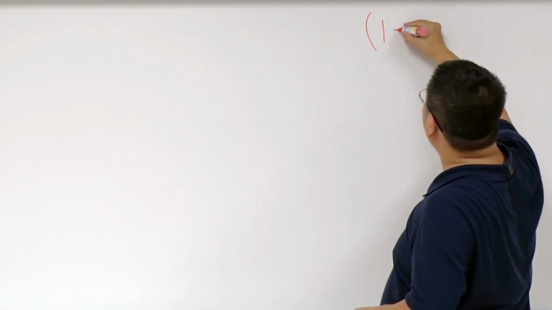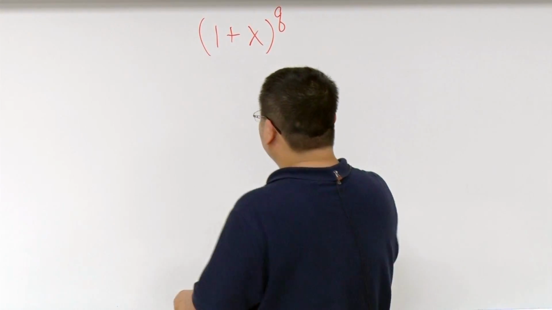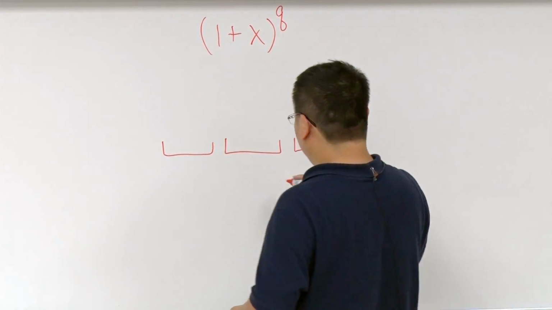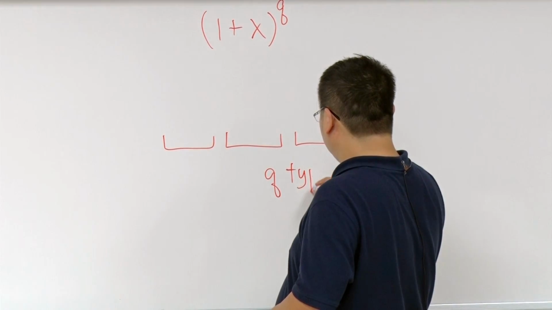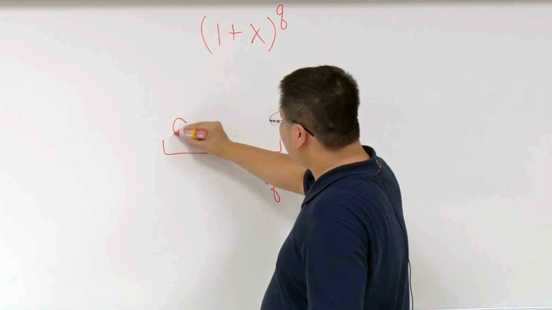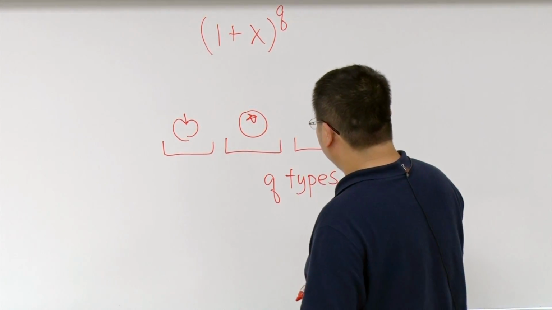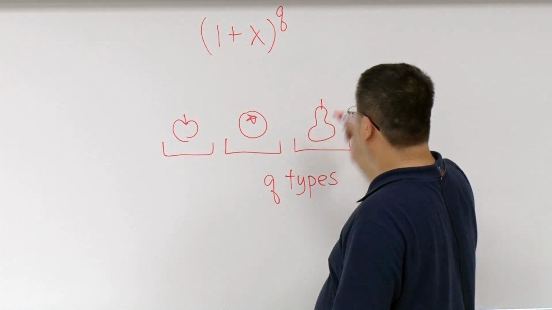(1 plus x) to the power q, let me write down. It corresponds to what? There are q types of things, maybe this is an apple, or maybe this is an orange, maybe this is a pear.